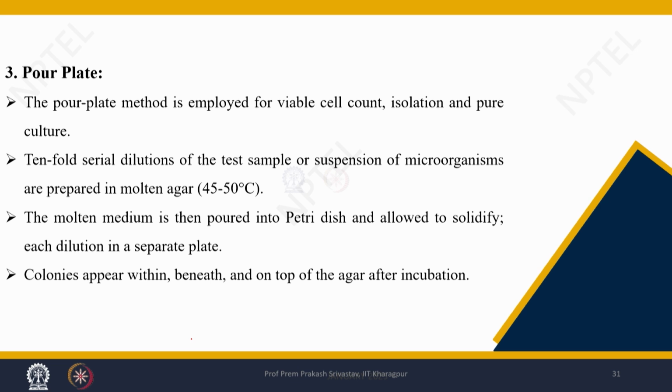The molten medium is then poured onto a Petri plate or Petri dish and allowed to solidify, each dilution in a separate plate. Colonies appear within, beneath and on top of the agar after incubation.